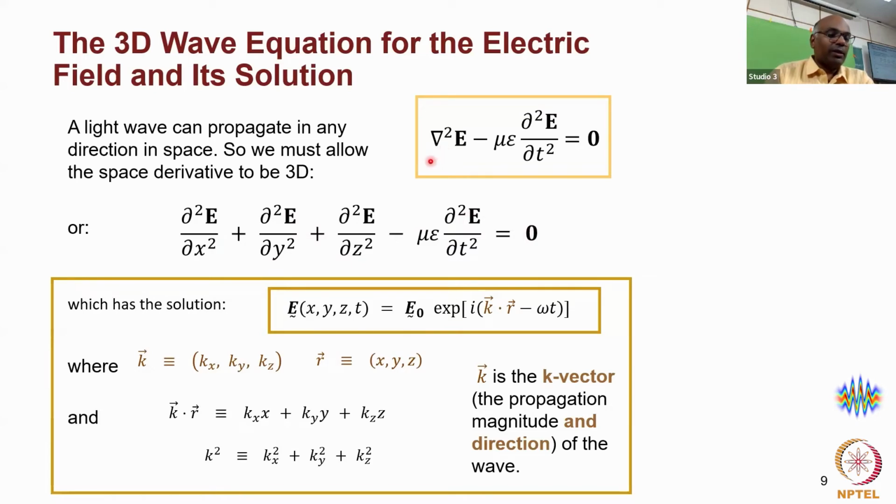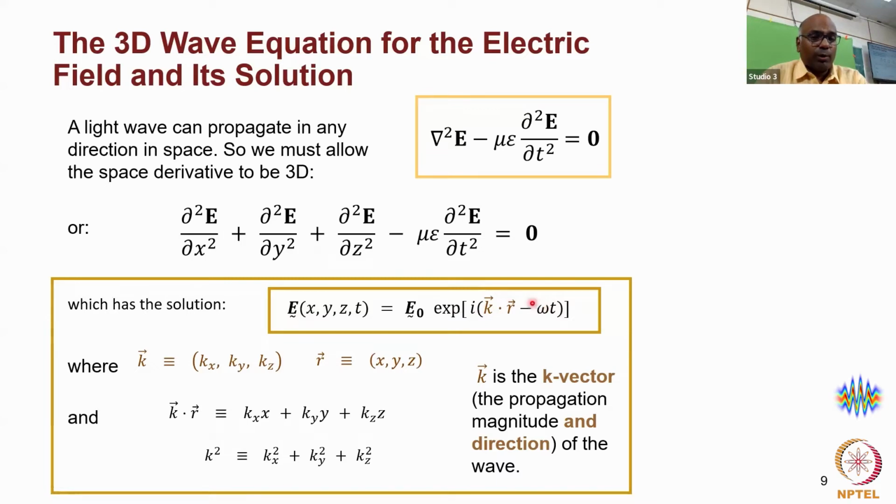So this is just the Laplacian opened out. Now this has the solution, a harmonic periodic solution of the form E(x, y, z, t) is equal to E naught, the amplitude, multiplied by the complex exponential function, exponent of i multiplying k dot r minus omega t.